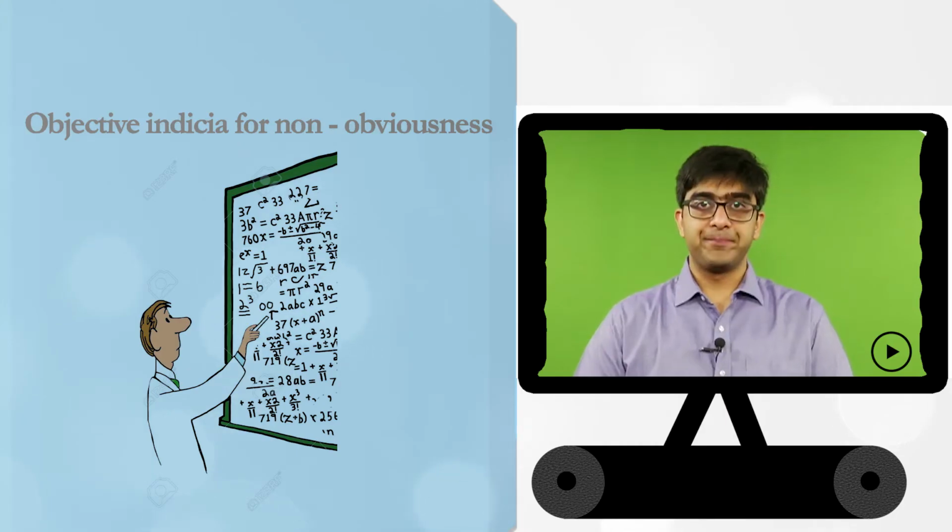Another method through which the courts have tried to avoid the hindsight bias is by developing some objective criteria for non-obviousness. You would appreciate that these tests for obviousness, as to what is obvious, what was the natural suggestion, did something lie in the path of what was already known before, are very subjective. One person might believe that something is obvious, while another person might believe that the same solution is not obvious.